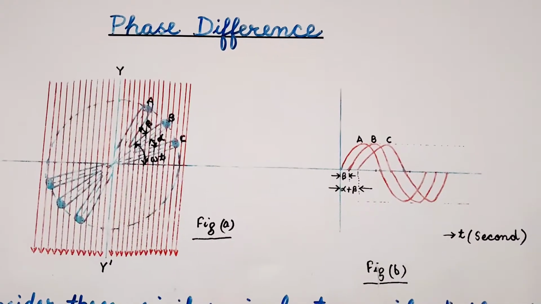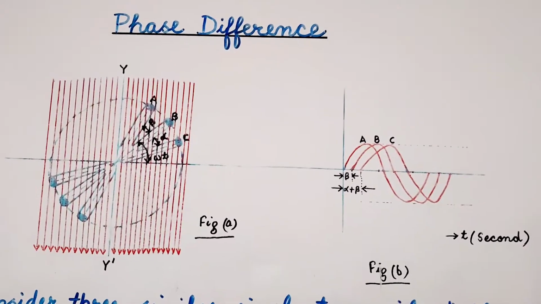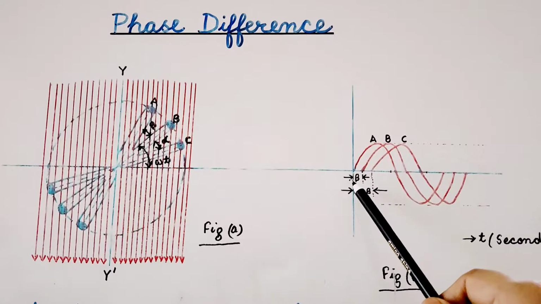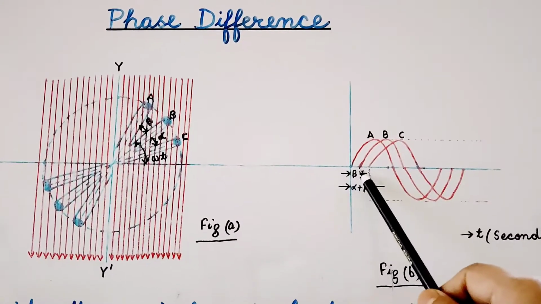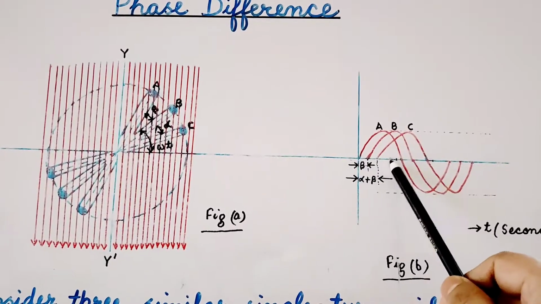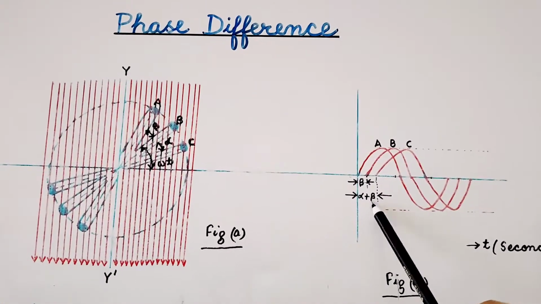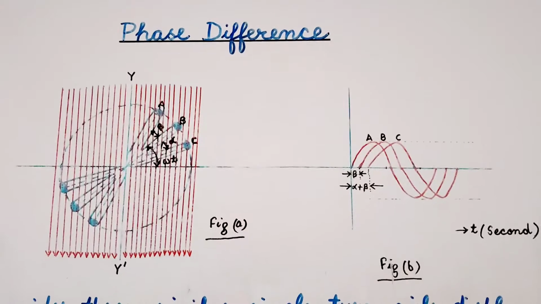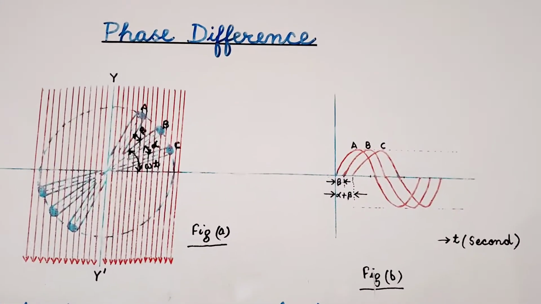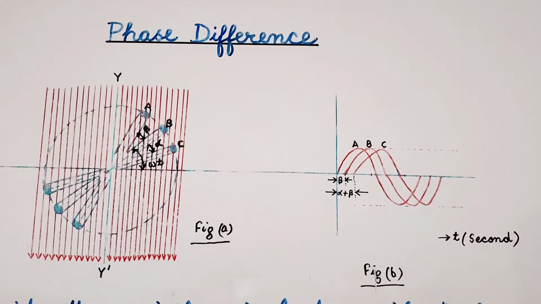It is seen from this curve that the waves A and B are displaced from each other by an angle beta, and A is displaced from C by an angle of alpha plus beta. So there is a phase difference between these three coils.